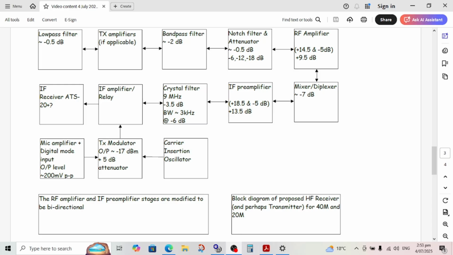Following the notch filter and attenuator is an RF amplifier. This is switchable because in some cases it is not needed when the antenna noise is high. This goes into a mixer diplexer.